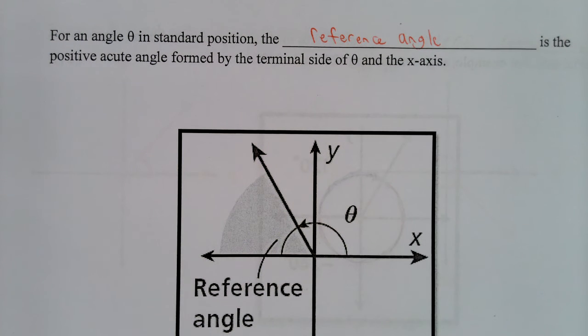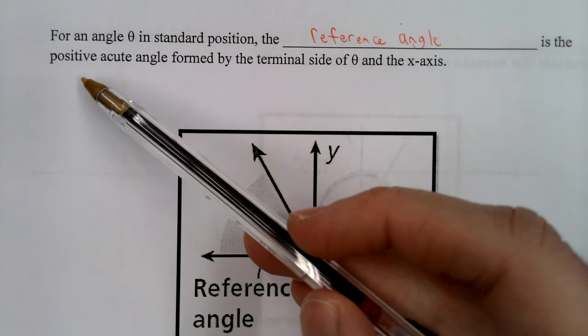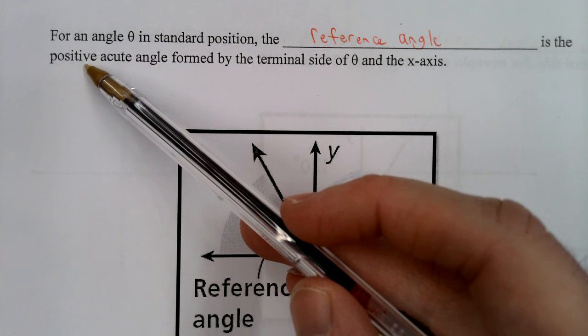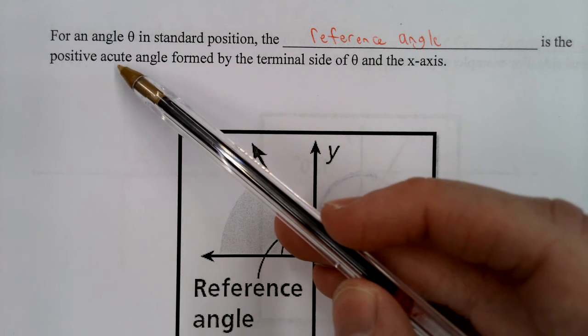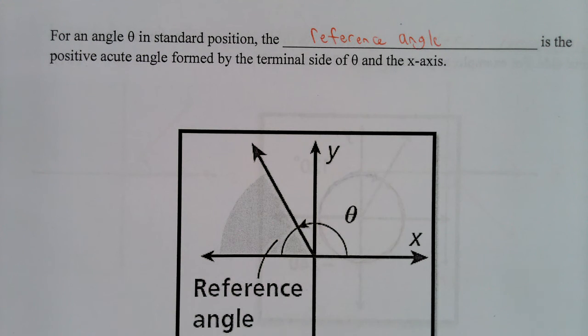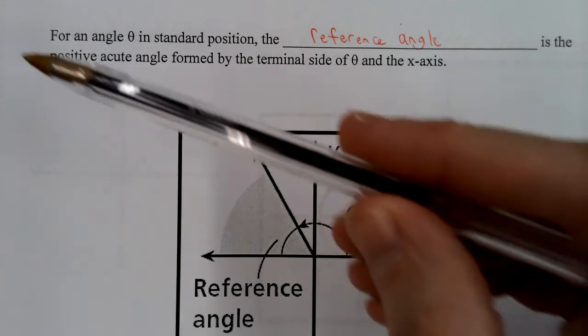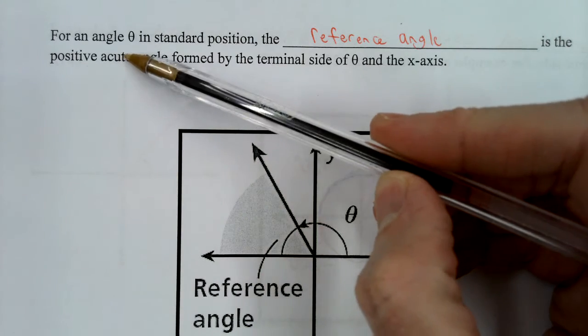The reference angle is the positive acute angle formed by the terminal side of theta, the angle, and the x-axis. Okay, so two key points. The reference angle is always positive and it's always acute. That means less than 90. Those are the two key things. It's always positive and it's always acute.